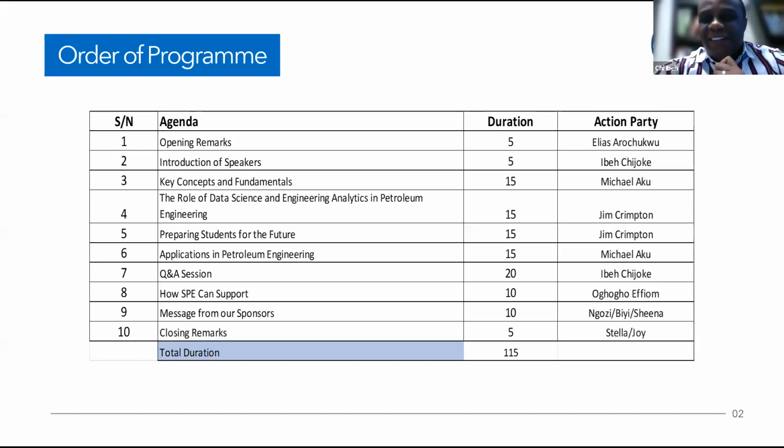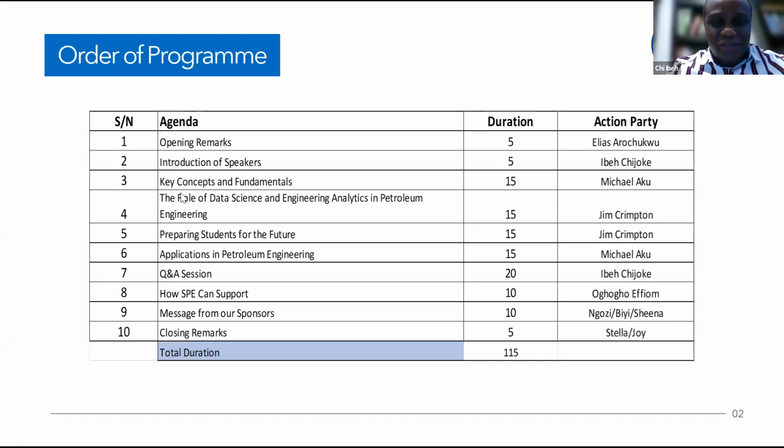So we all got the invite, and so yes, we've gone through the first item on the agenda, which is really the opening remarks by the chair of the DCIT Africa region, in the person of Elias, one of our great supporters in this effort.